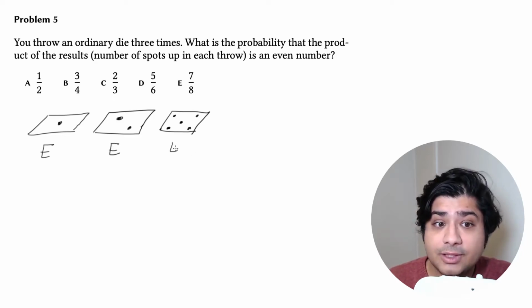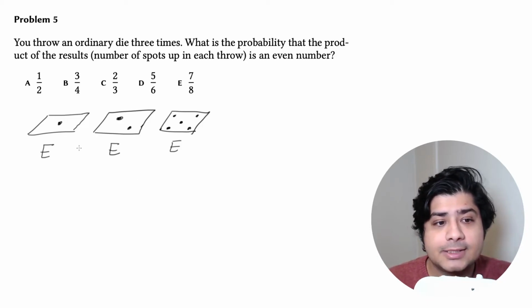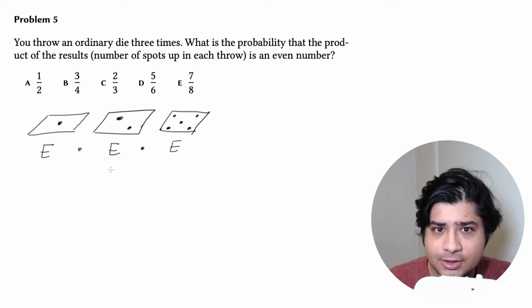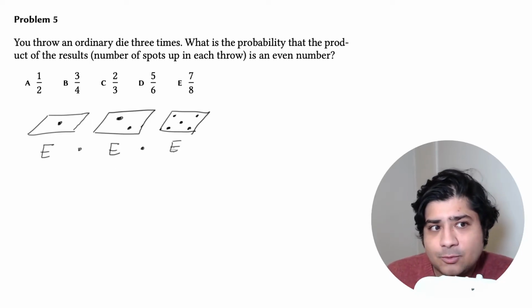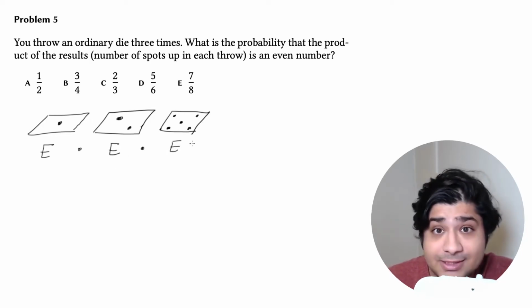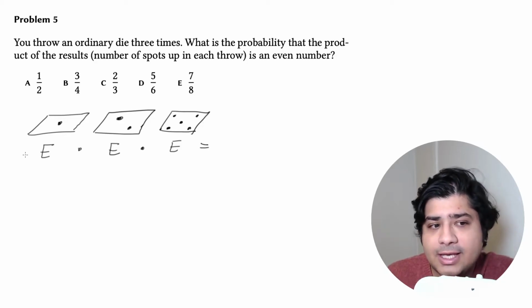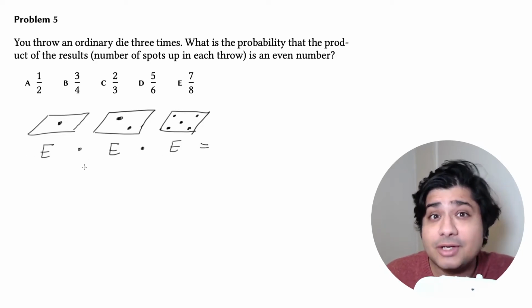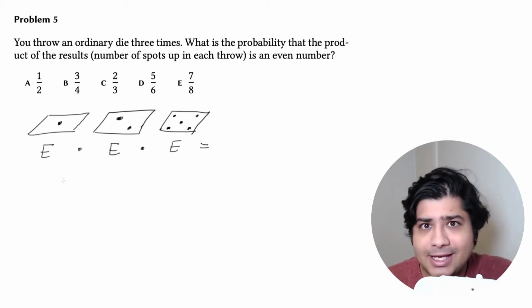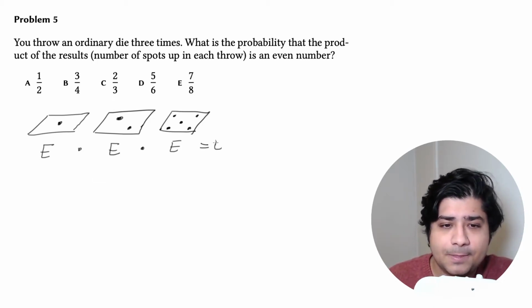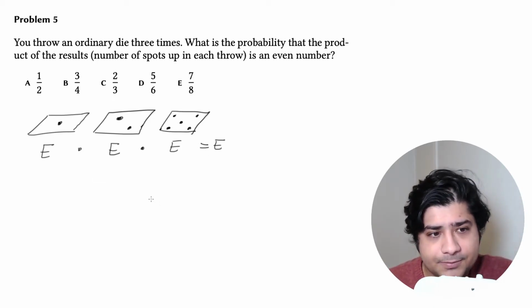It could be an even number for the last one, right? That's a possibility. And so if we were to multiply those numbers out, what they're asking for is, what is the probability that the product of the results is an even number? Now, what are we going to get if we multiply 3 even numbers together? Obviously, we're going to get an even number. So let's write that down. That's an even number. Okay.